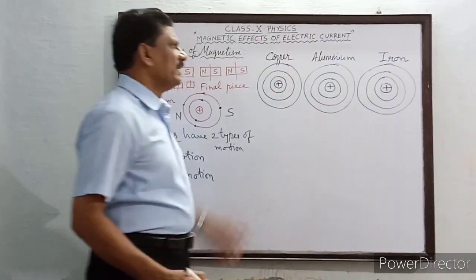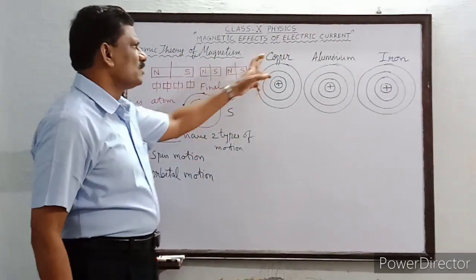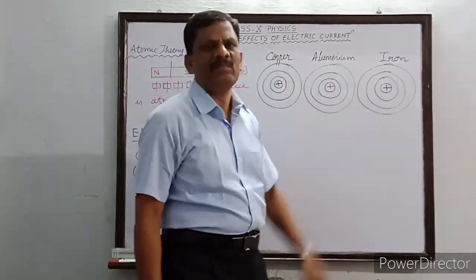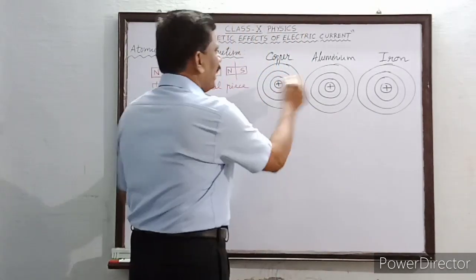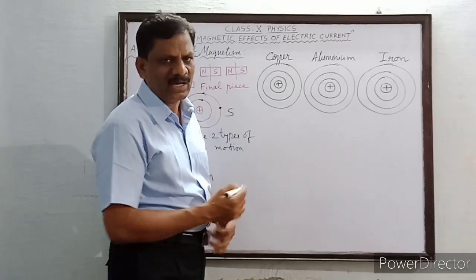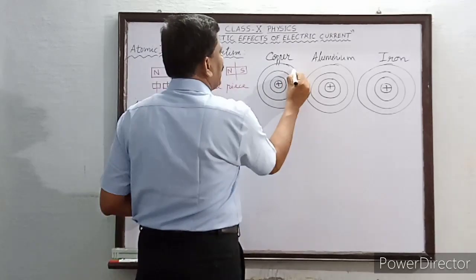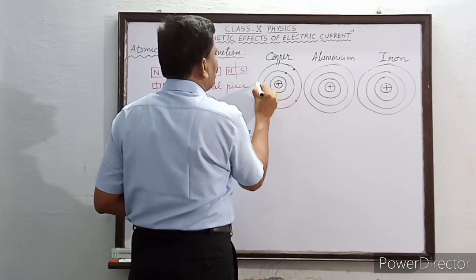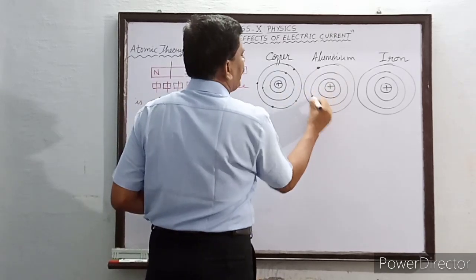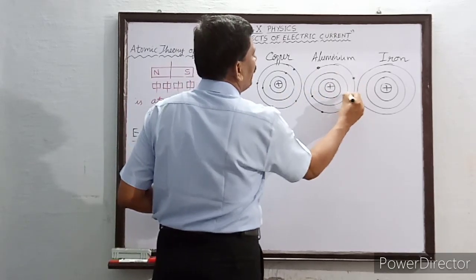So, I have considered three atoms. One is copper, second one is aluminium, and the third one is iron. All these will have electrons revolving around the nucleus. I will consider the electrons present in the copper atom, and also I will consider the electrons present in the aluminium atom.